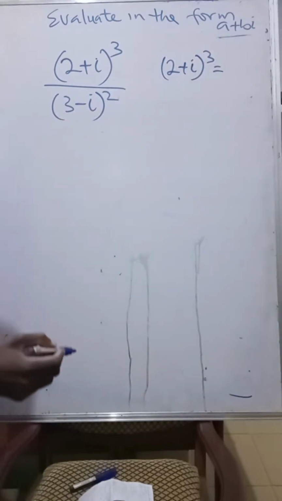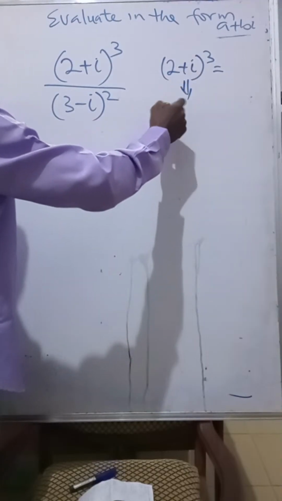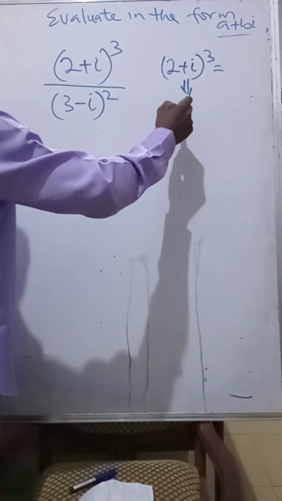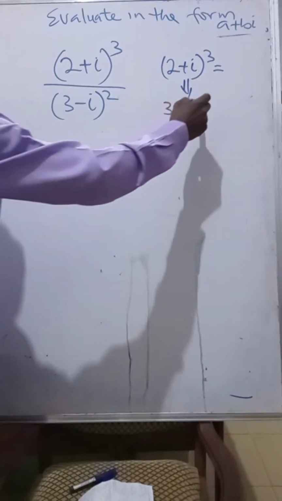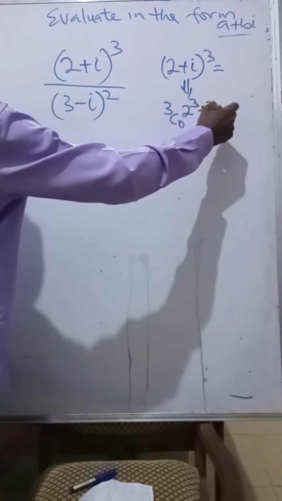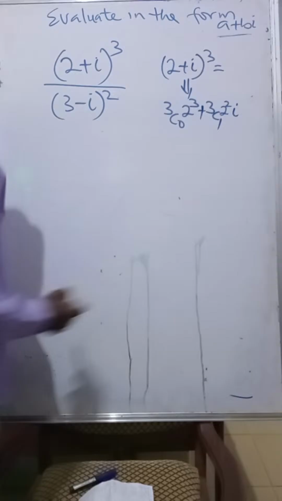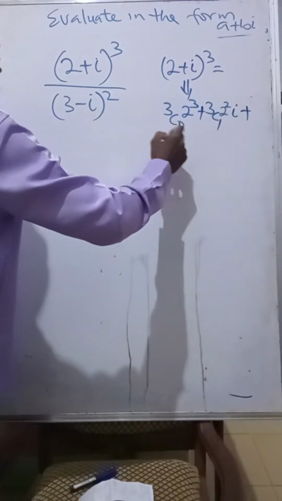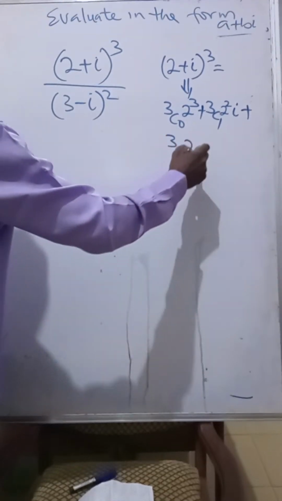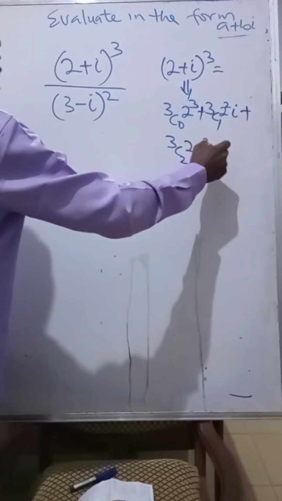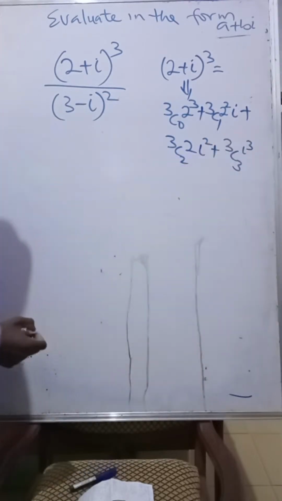I'm going to use binomial expansion for that. That will be equal to 3 combination 0, 2 to the power 3, plus 3 combination 1, 2 to the power 2, i, plus 3 combination 2, 2 times i squared, then 3 combination 3, i cubed.